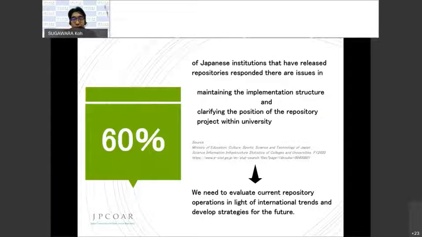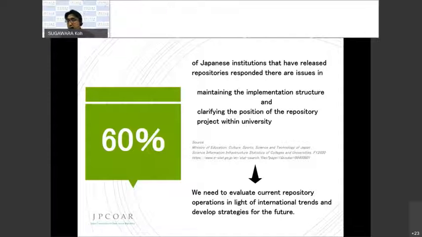Look at another figure, 60%. In Japan, an annual survey of university libraries is conducted. One of the questions in the survey is, what issues do you face in running a repository?